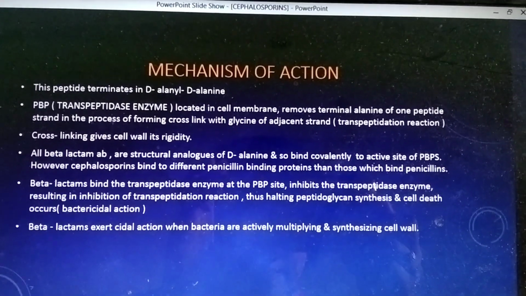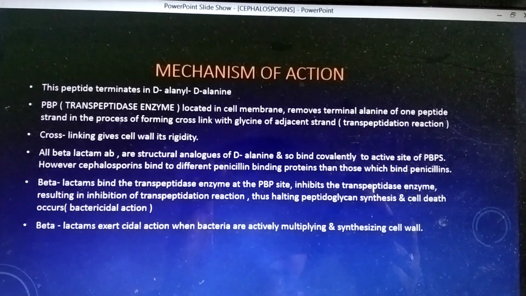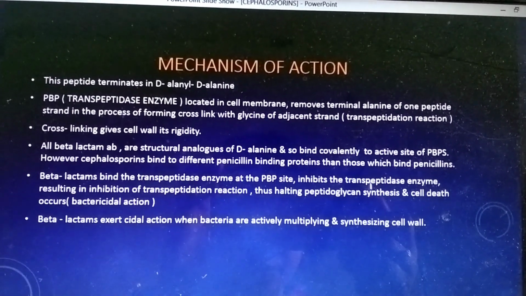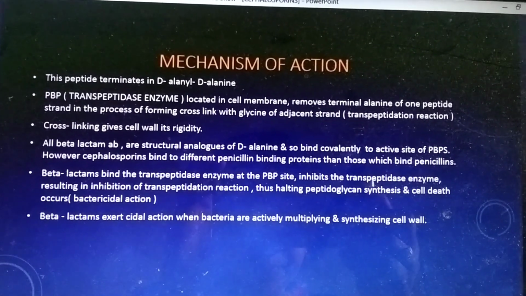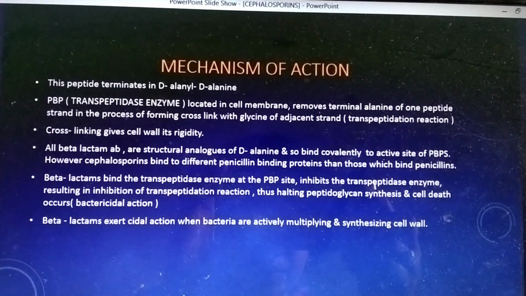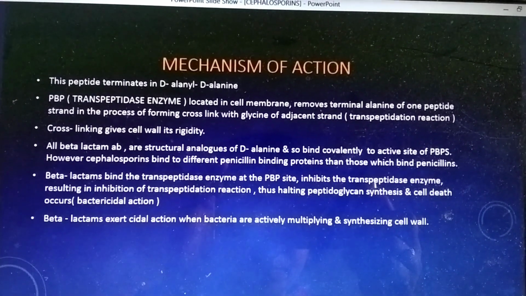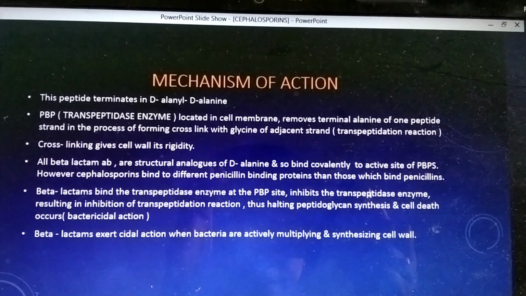This is the bactericidal action. As you know, the function of the cell wall is to protect the bacteria, and in this way cell death occurs and bactericidal action takes place.